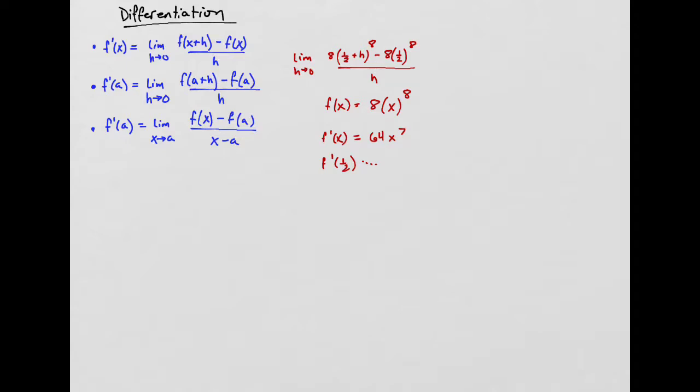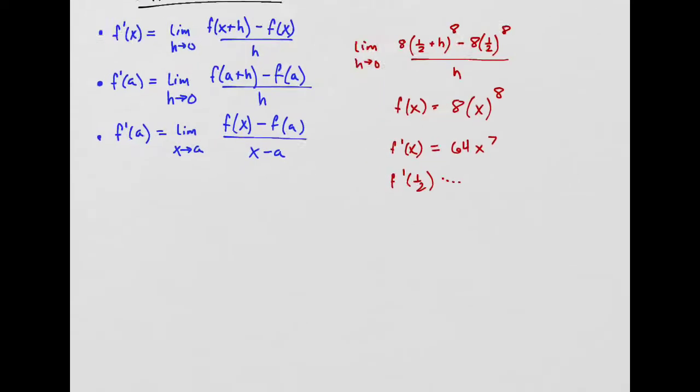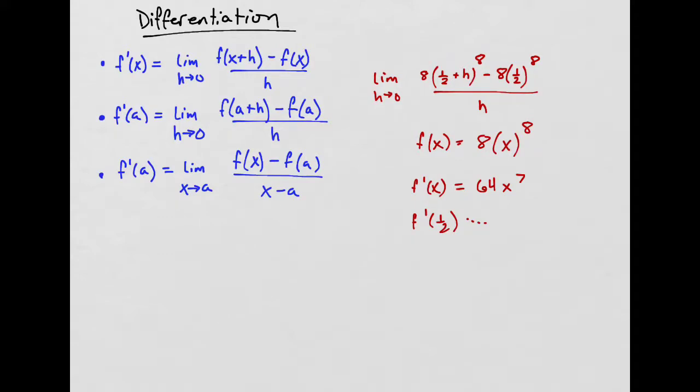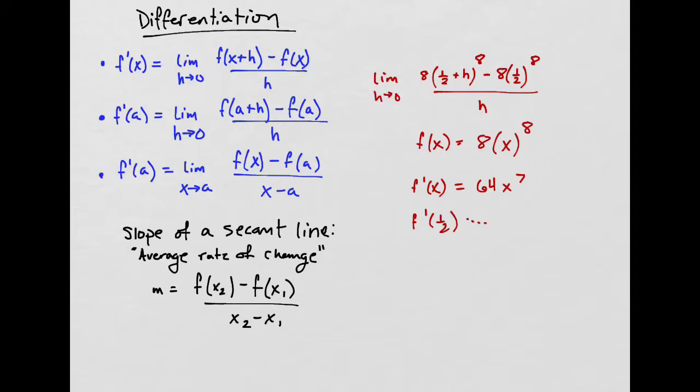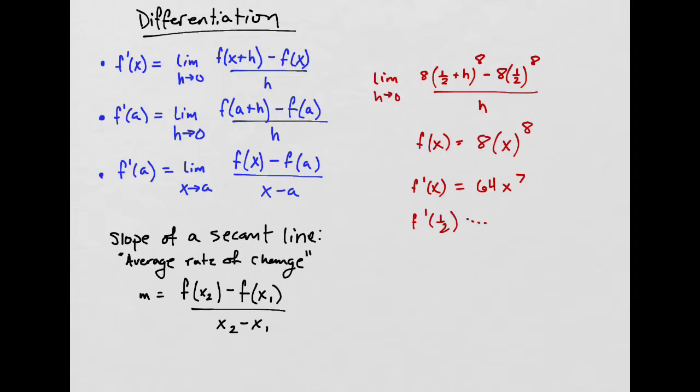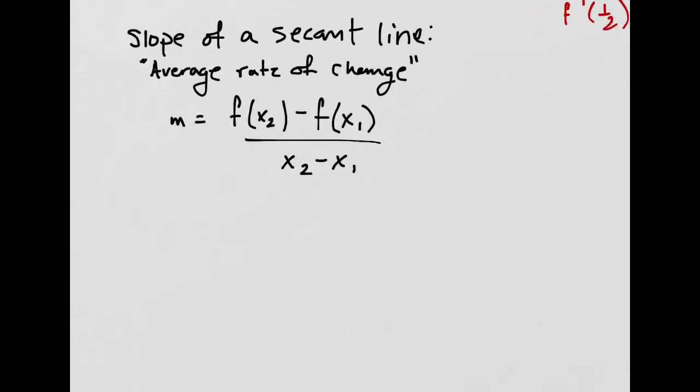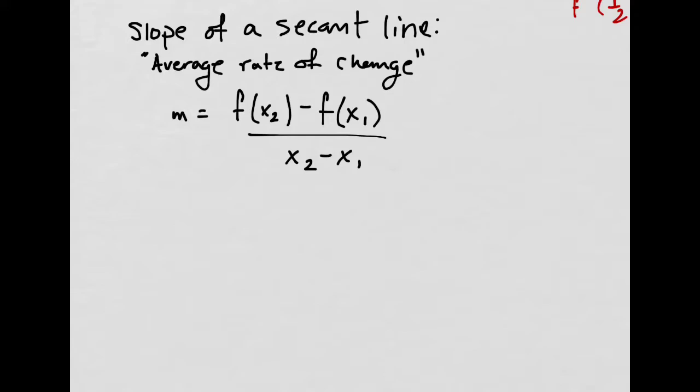So that's the difference quotient. It's super important to have those in your head so that you can get these problems real quick and then move on. The whole idea of the derivative is that it's the slope of the tangent line to a function given a certain x value. So it's the slope at one single point, but it comes from the slope of the secant line. So it's important to remember the slope of a secant line or the average rate of change, because this will come in handy when you're approximating something.